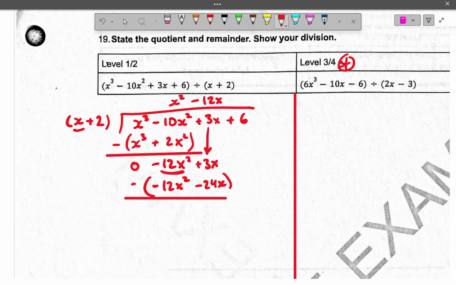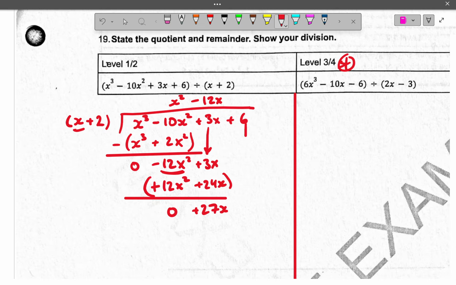I have negative 12x squared, and we could expand this to make it clearer. This becomes positive, and this also becomes positive. So negative 12x squared plus 12x squared is 0x squared. Then 3x plus 24x is positive 27x.